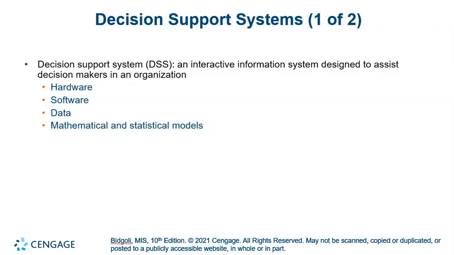DSS is an interactive information system that has hardware, software, data, and models, and it's designed to help decision makers make decisions. It's a decision support system. Sometimes it's difficult for individuals in high management positions to understand the nuts and bolts of some of these plans.